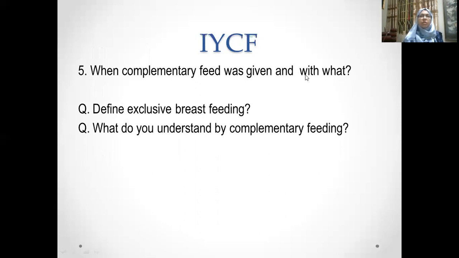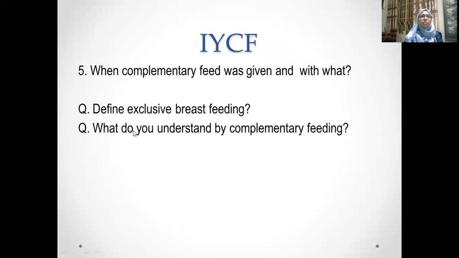And I have described the typical ideal complementary feed. You have to ask for those types of foods, whether they are given at the appropriate time or not. You may be asked to define exclusive breastfeeding.